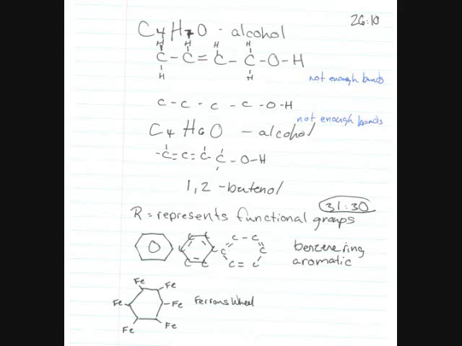Since it's an alcohol, we know the O and one of the H's go there. So now I'm down to 6. I've got everything except my hydrogens. I can only have 6 more hydrogens. Where are they going to go? 1, 2, 3, 4. Somewhere.